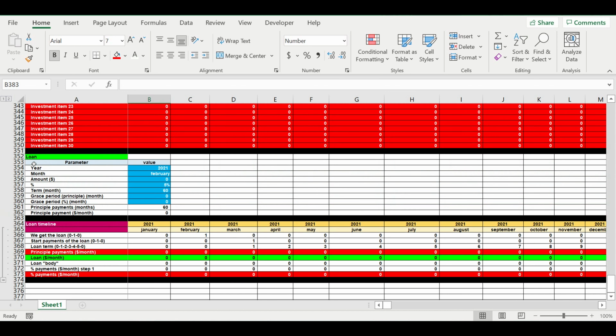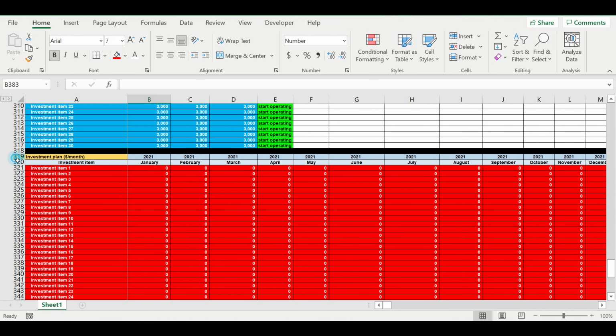So we start with creating a timeline for the cash flow statement.